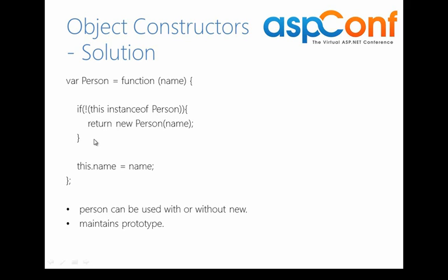And as such, it then returns a new Person, and since it's using new, the context is going to be correct, and anybody can then use this with or without new. This has the benefit that it maintains the prototype, but it also has the drawback that you have to worry about other this things and the weird issues that prototypes bring. Up to you which approach you use.